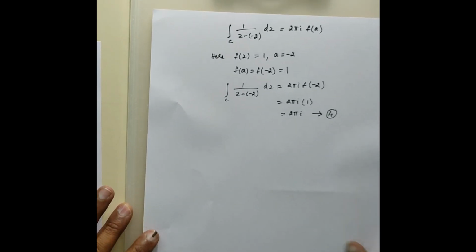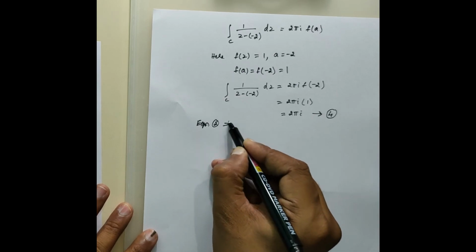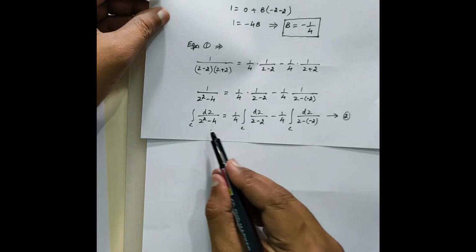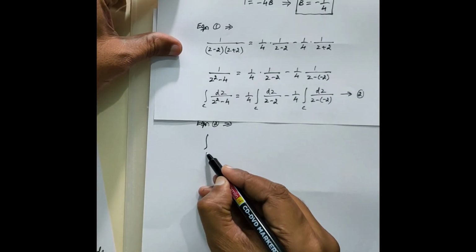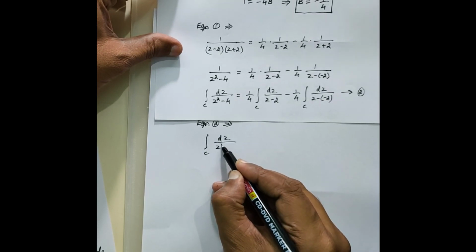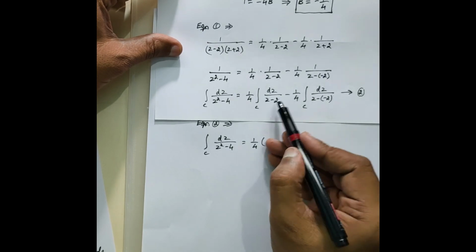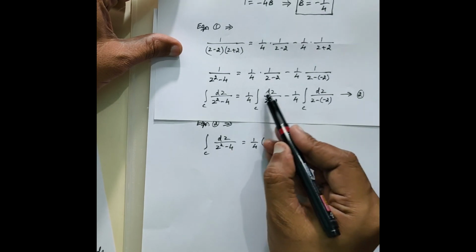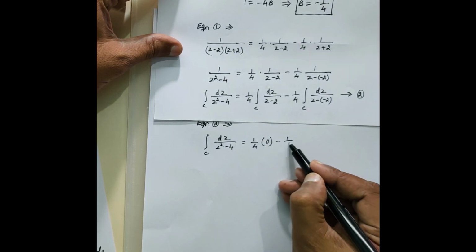So you have the integral over c of dz by z square minus 4 is equal to 1 by 4 as it is. The value of the integral is given by equation number 3. Its value is 0. Minus 1 by 4 as it is.